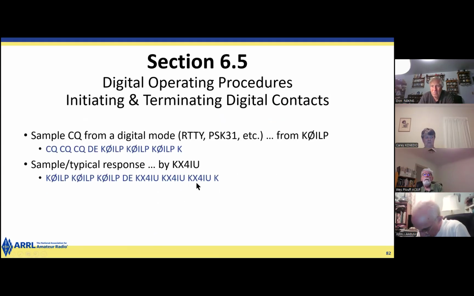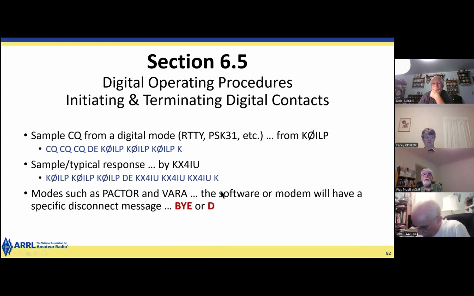For radio teletype and PSK and so forth, what you do is you call CQ with your call sign, in this case, in the example, KILP, and you end your transmission with a K, which is the same as when you end a CW transmission.